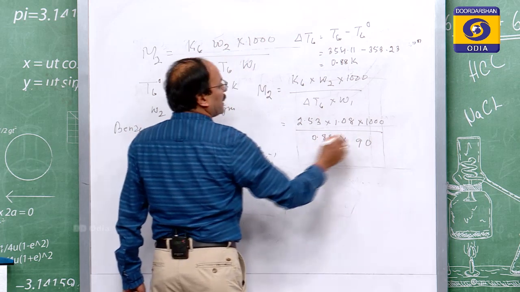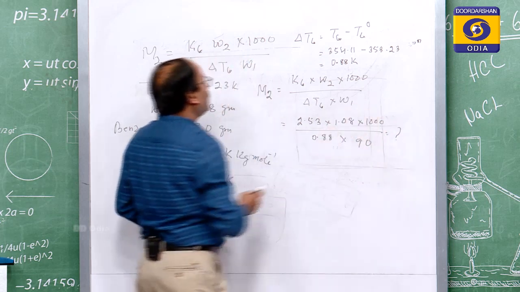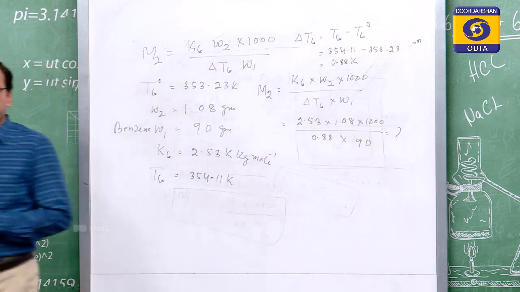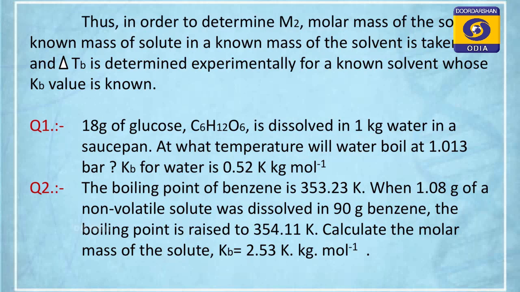So, from this you can calculate the molecular mass of the solute. If you know Tb and Tb0, delta Tb can be calculated. From delta Tb, W2 and W1, you can calculate the molecular mass. You can carry out the mathematical portion of this equation.